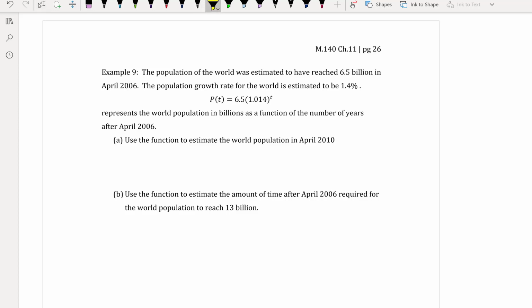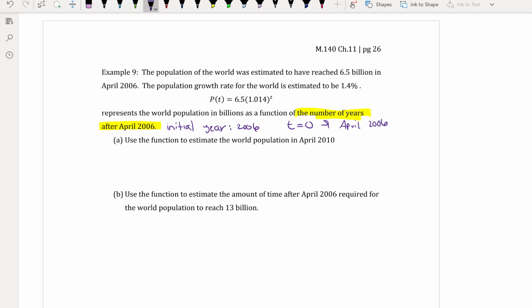So here, the number of years after 2006, this is your initial year. So your initial year is April of 2006, so t equal to 0 would correspond to April of 2006.